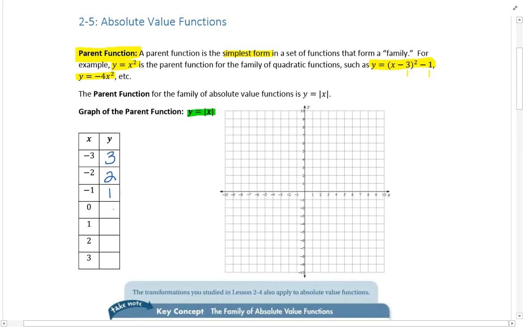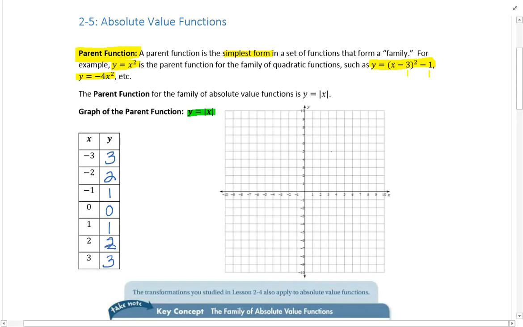Now the absolute value of 0 isn't positive nor negative, so it just stays as 0. You may also remember absolute value means the distance a number is on the number line from 0. So 0 is a distance of 0 from 0. It's not any distance at all. It is itself. The absolute value of 1 would stay positive 1, and these would also stay 2 and 3.